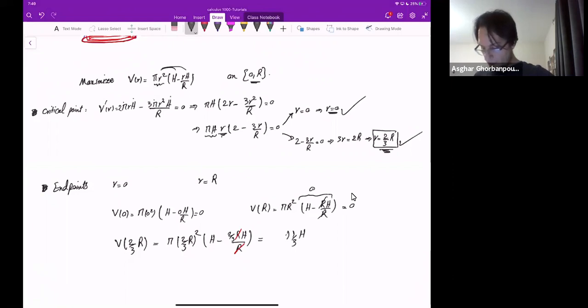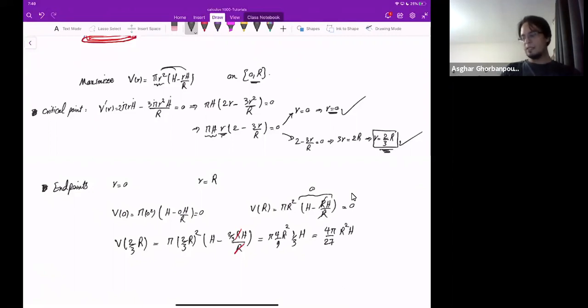This is 4/9 R squared times pi. So if I want to write that, this is 4 over 27 pi R squared h.